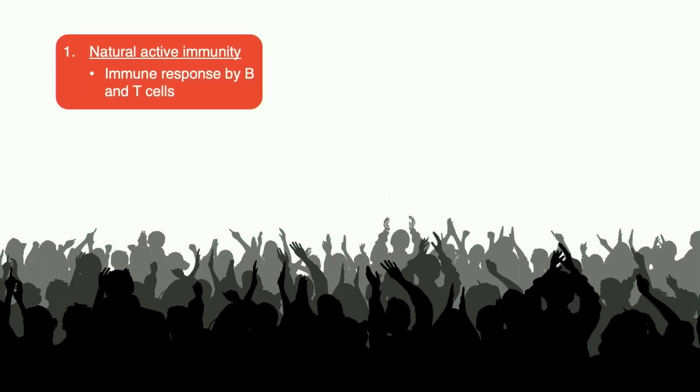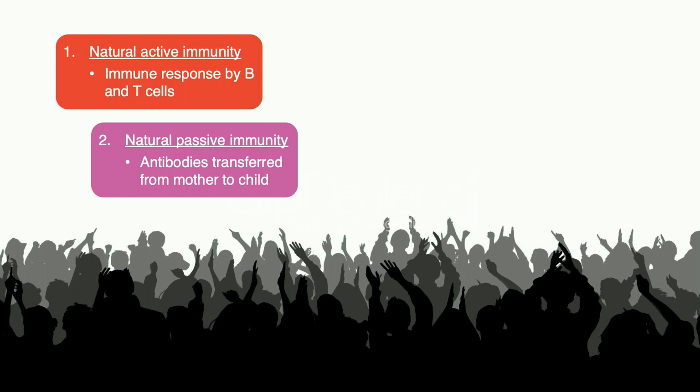The first one is natural active immunity, and this is what we've been discussing in this section. You get sick, you fight it off, you have new B and T cells in place that can mount an immune response in future. Natural active immunity.